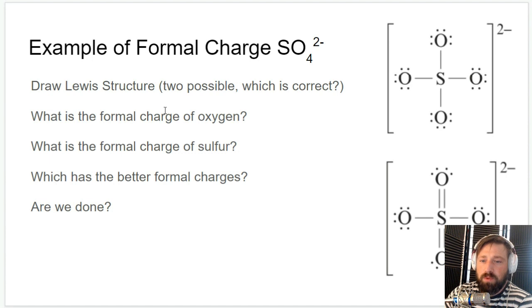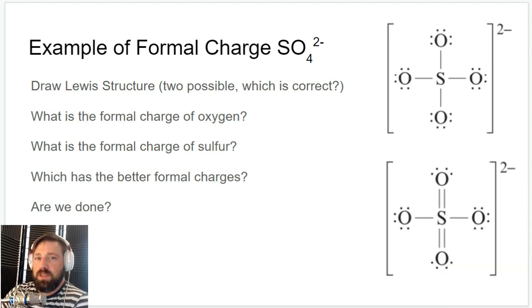Let's go through and do something a little bit more complicated. I'm going to look at 2 different Lewis structures here, and if you look, these are both valid Lewis structures. Hasn't broken any rules so far. For the sulfate ion, in this one, it would be 4 bonds going to the sulfur, and in this one, we would have 6 bonds going to the sulfur.